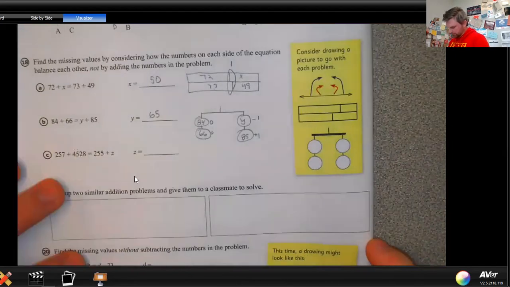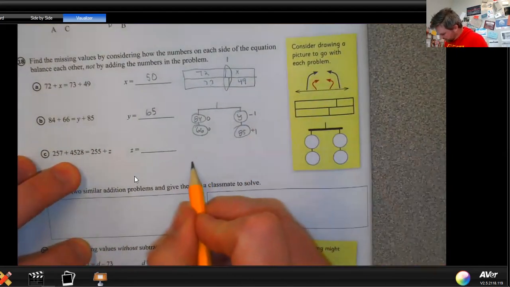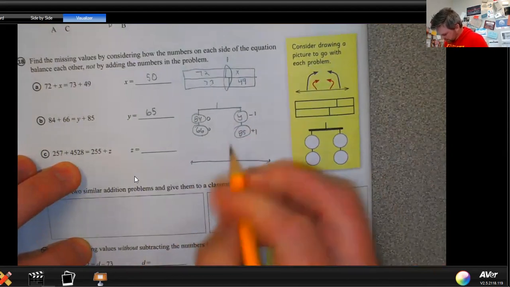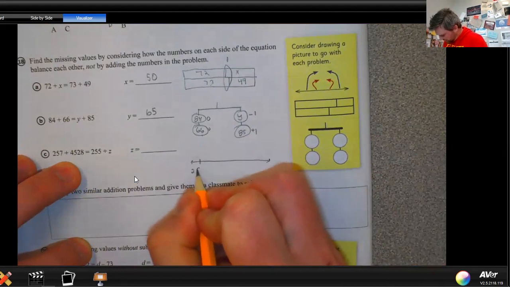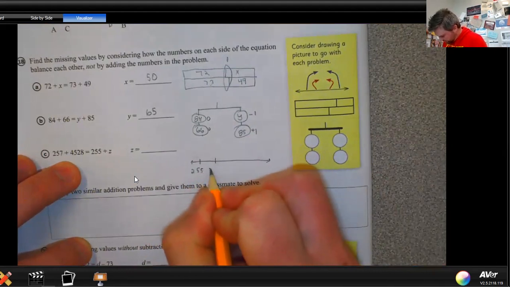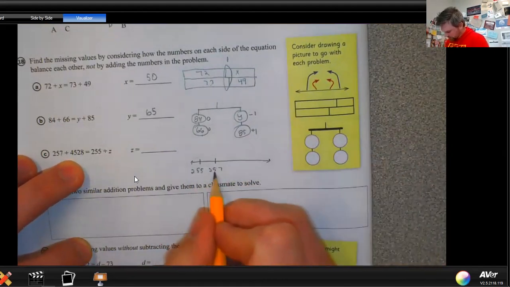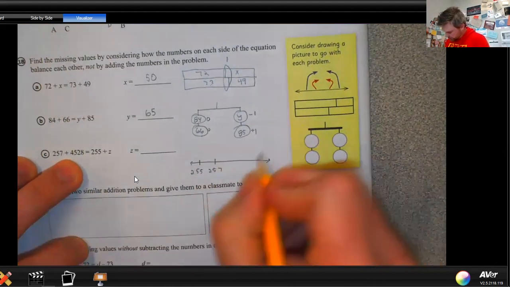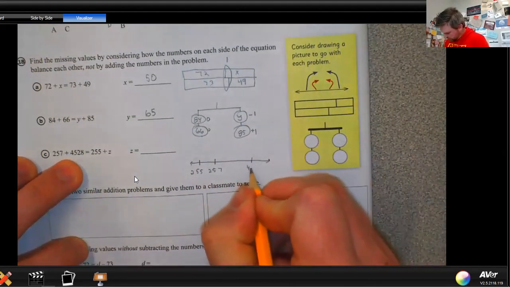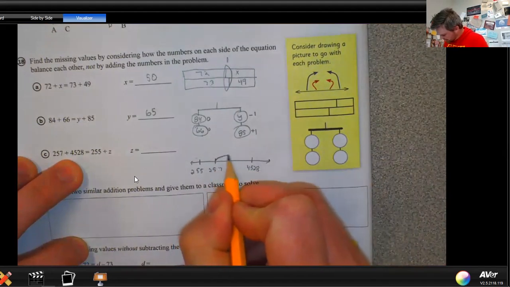Okay, so let's do this number line here on this one. And again, it doesn't matter your spacings or anything like that, as long as your order is right. So 255 and 257. Okay, so 57 was more here, so we're going to have 452, 8. So I took these two numbers and added it.